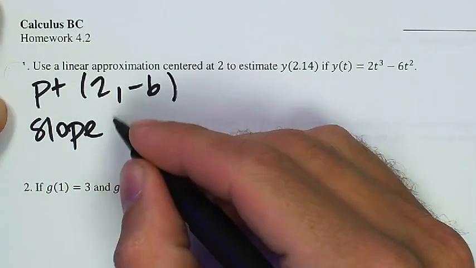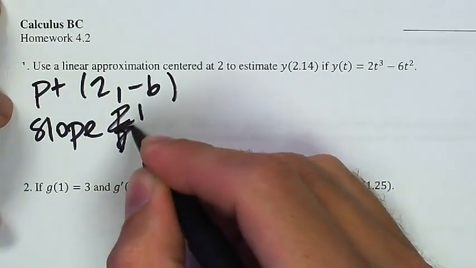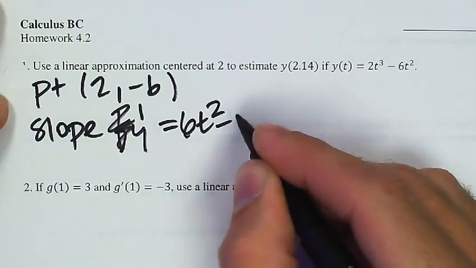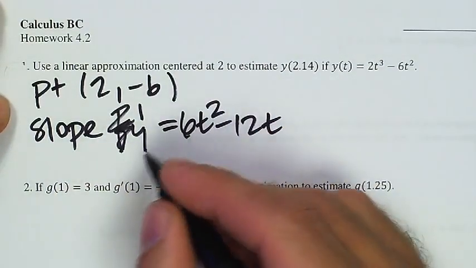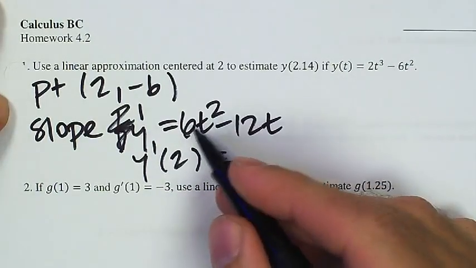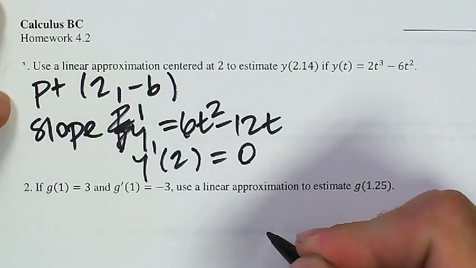So the slope, or y prime, equals 6t to the 2 minus 12t to the 1. And y prime at 2 is going to equal 6 times 4 is 24, minus 24 is 0.